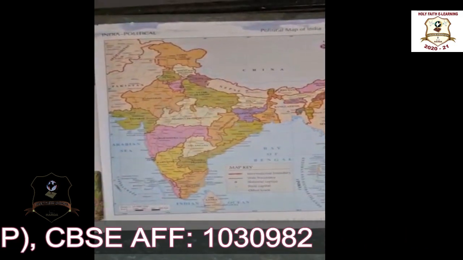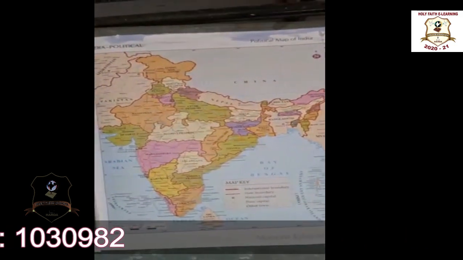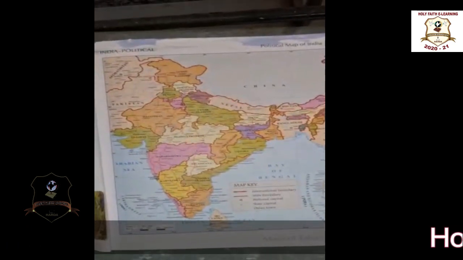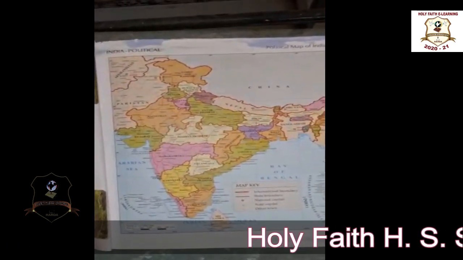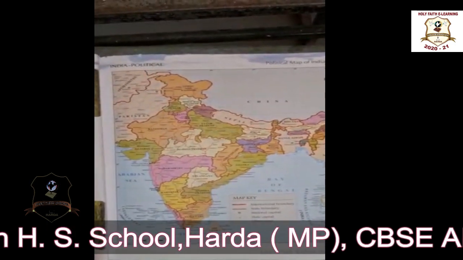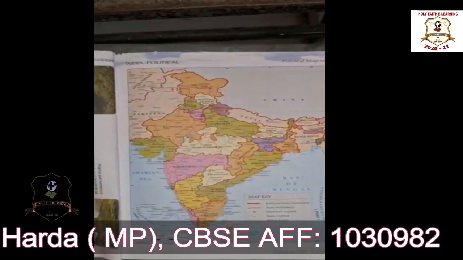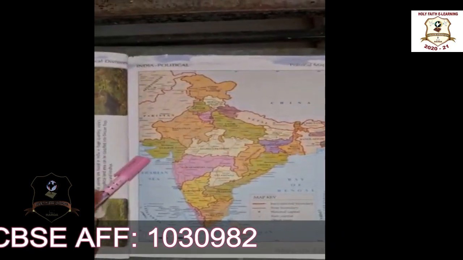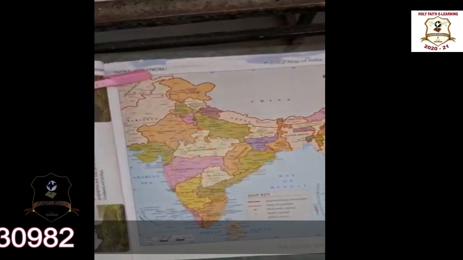There are some interesting facts about the international border of India. There are 9 countries sharing their borders with India. Afghanistan has the shortest boundary shared with India.